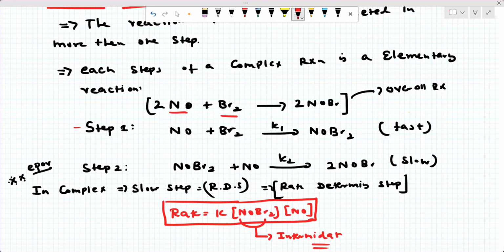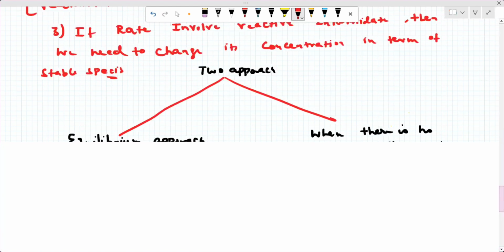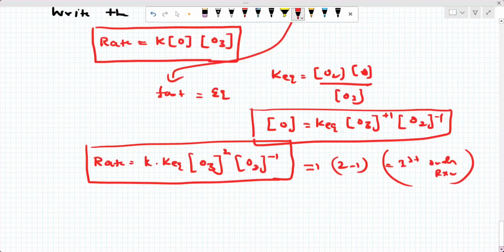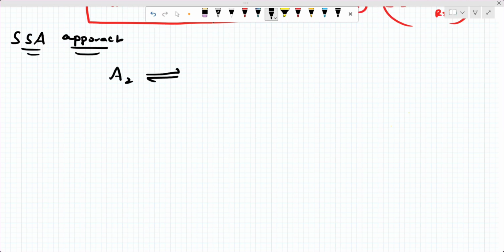Okay, I will do one question based on SSA. Please note the question, the question point, then go with the concept. SSA approach. Now see the reaction: A2 becomes 2A, this is K dash.